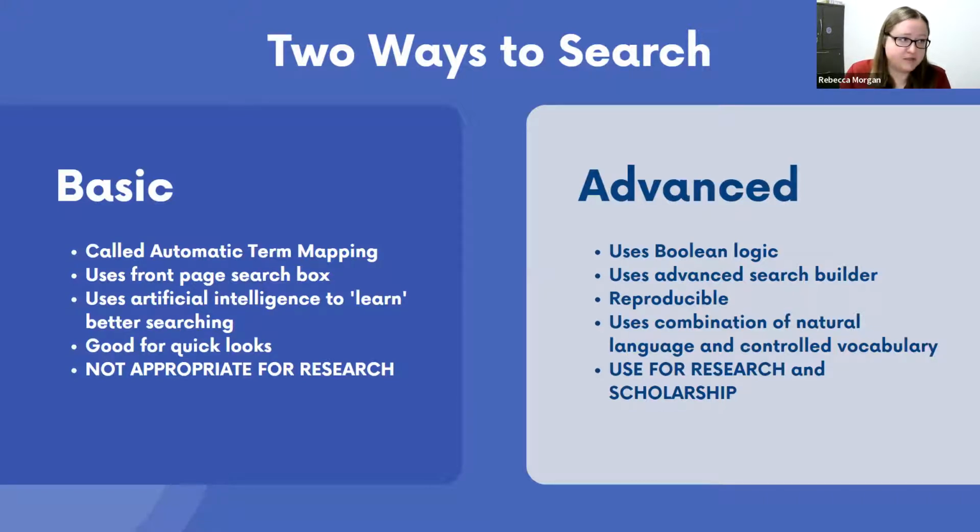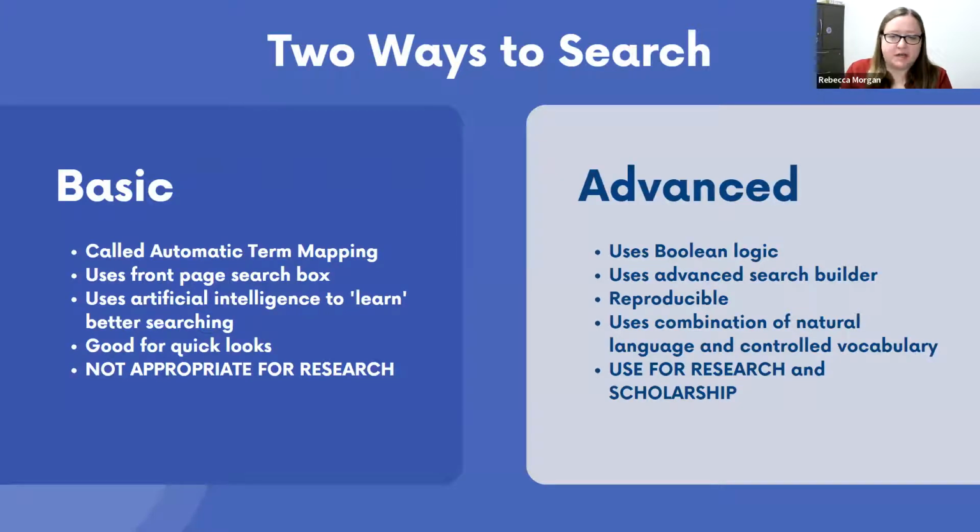It's reproducible. So if you go in and build a search in the advanced search builder, and we will show that later in this demonstration, then you will be able to reproduce it over and over and over again and know exactly what you're getting, because the search algorithm isn't going to learn or change or do anything differently.